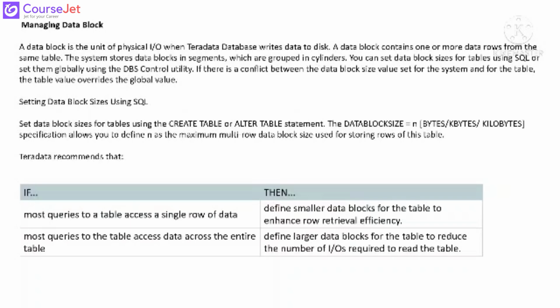With a smaller data block size, searching and finding the row will be easier. As we saw earlier, a binary search will happen to find the row. So when most of the queries access a single row, you should make the data blocks smaller.